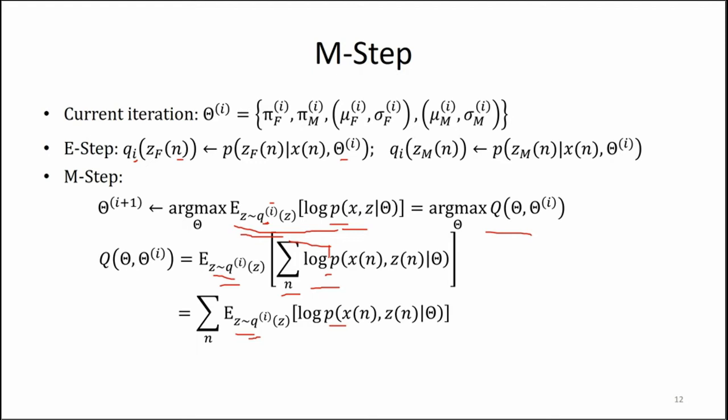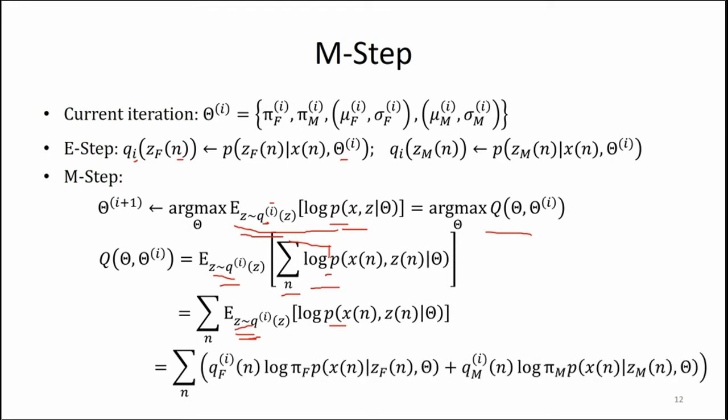And now, since this is an expectation over z, and z is a binary variable, either male or female, I can get rid of the expectation sign by explicitly plugging in the values of z, the probabilities of z in each case. So I have the summation over n of q f i of n log of pi f P of x n, z f n given theta.